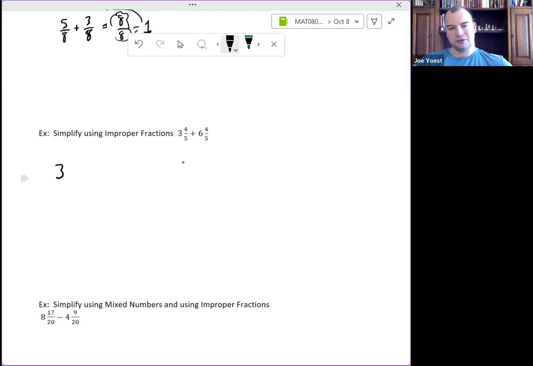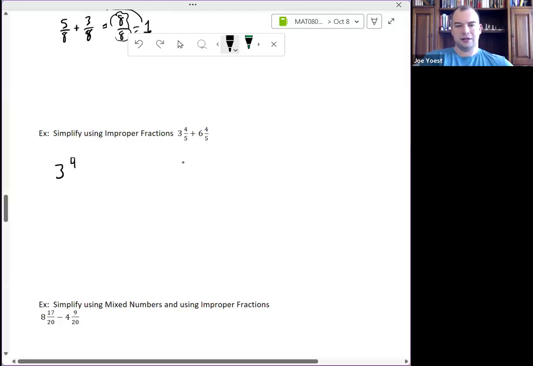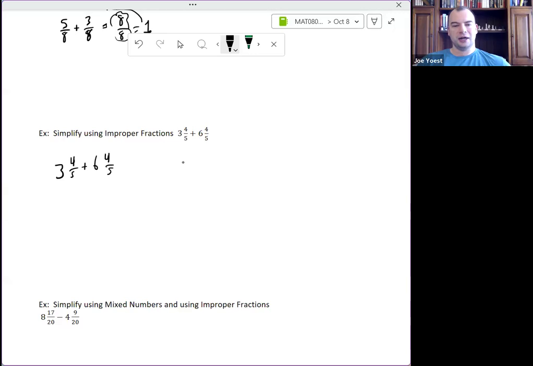Instead of working with the mixed numbers as they are, I could choose to convert them to improper fractions first and do whatever operations I want to do in improper fractions.